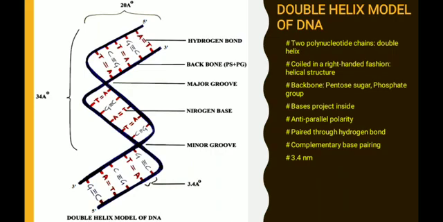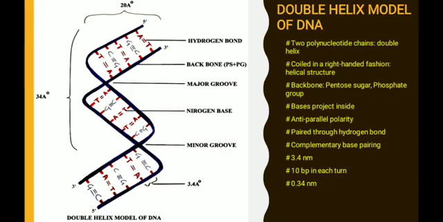And the distance between the adjacent base pairs, one base pair is AT, the next base pair is GC. The distance between AT and GC is 3.4 Angstrom. 3.4 Angstrom means 0.34 nanometer. Such 10 base pairs are found in each turn.